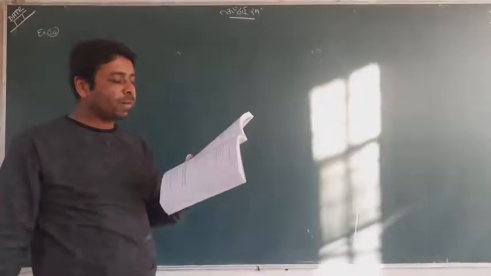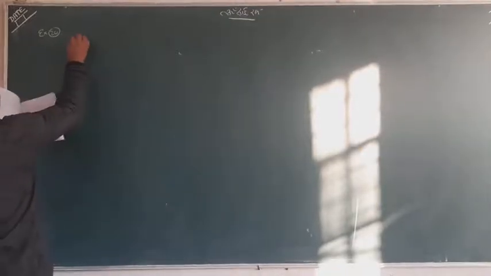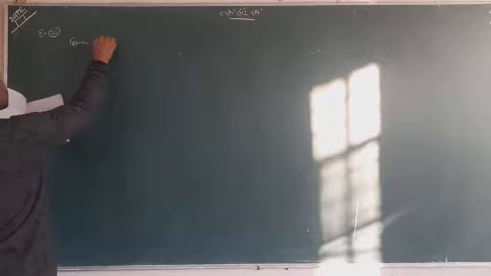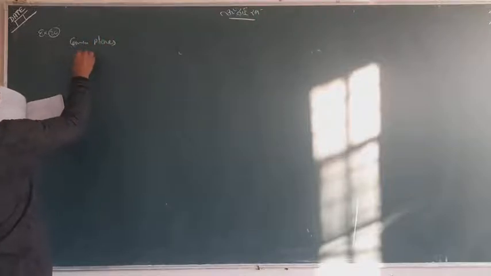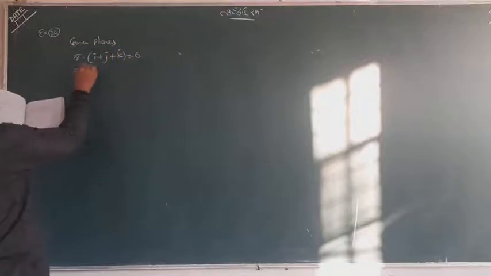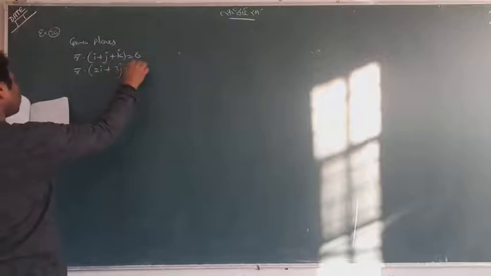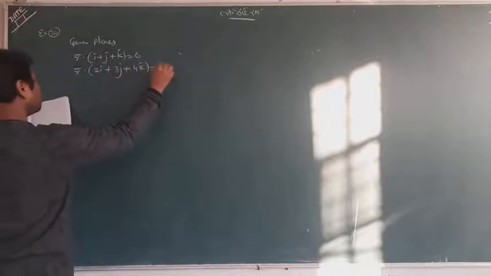Find the vector equation of the plane passing through the intersection of the given planes r dot (i plus j plus k) equal to 6 and r dot (2i plus 3j plus 4k) equal to minus 5.